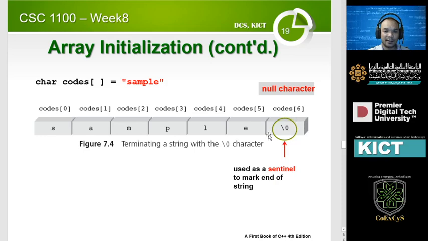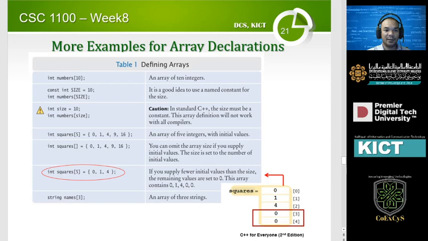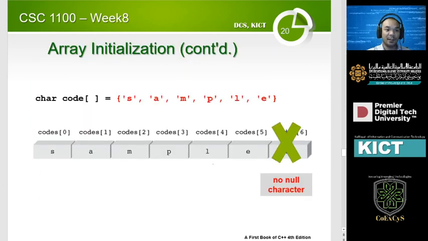The last character here is the null character being kept. And if you're just keeping characters this way, you won't have a null character right there. So depending on how you want to deal with it, if you want to interchange characters and strings, make sure you put a null character, otherwise this will be difficult to display a string from a character array.